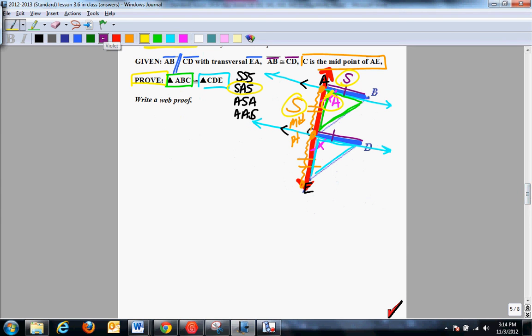So we're going to start by putting our given information on the board. I'm going to start with the simplest one, which is AB and CD congruent. That's given.